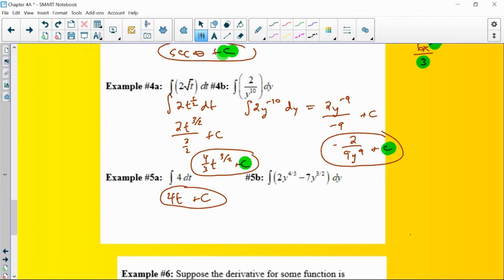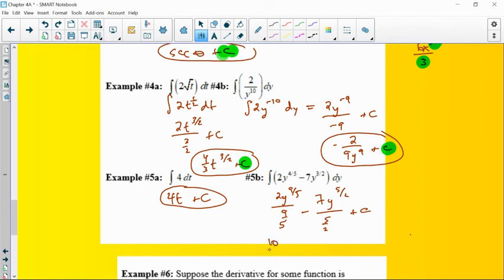And then the power rule works for fractional exponents. So raise this up a power. That'd be 9/5 divided by 9/5 minus 7y to the 5/2 divided by 5/2 plus c. And then we could flip that around so that the 5 comes up to the top.